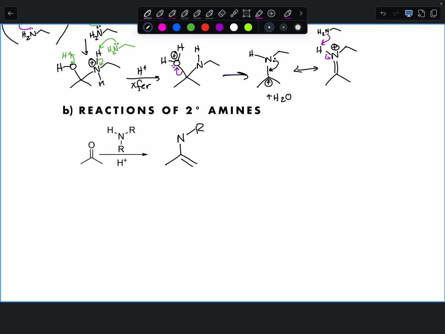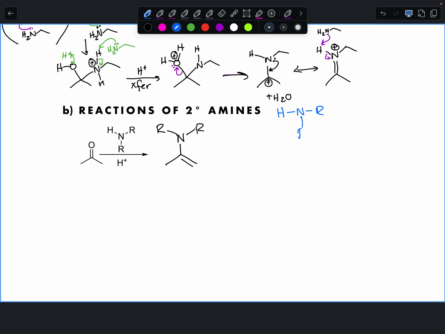It keeps the MCPBA from exploding, literally. So water can act as your base, pull off the proton, and liberate our product.